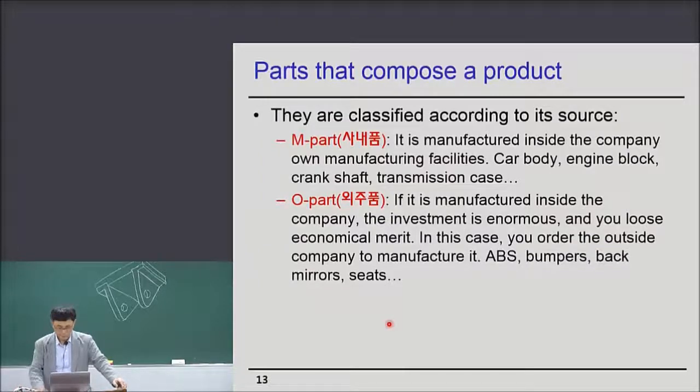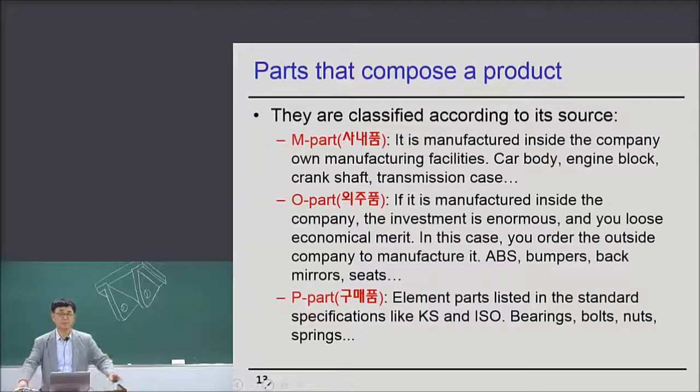And the last one is the P part. P is the abbreviation of purchase. These parts are element parts listed in a standard specification, like Korean standard or ISO, or listed in the brochure of an outside company.